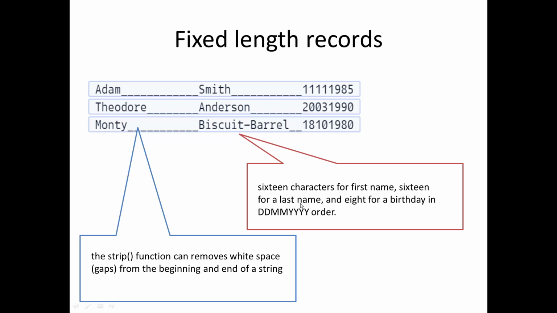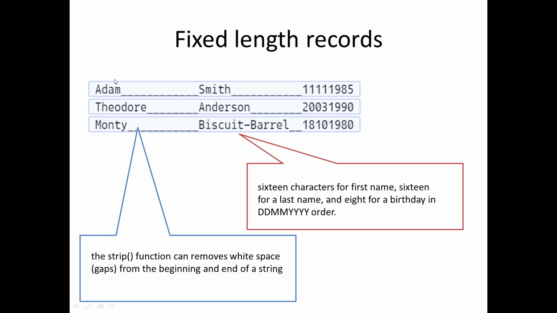So 4 digits for the year, 2 digits for the month, 2 digits for the day. Now we can use a strip function to remove white space to make working with this data easier, but this is fixed length data.